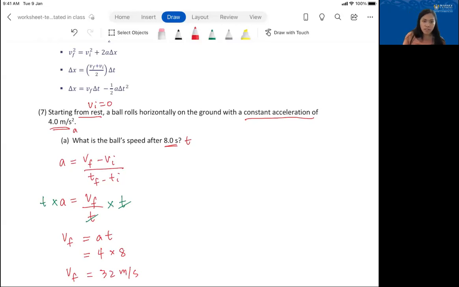But let's solve this problem using the kinematic equations, because in the test it's multiple choice, and sometimes we'll ask you specifically to identify the variables that are given, and therefore pick out the kinematic equation that you will use.